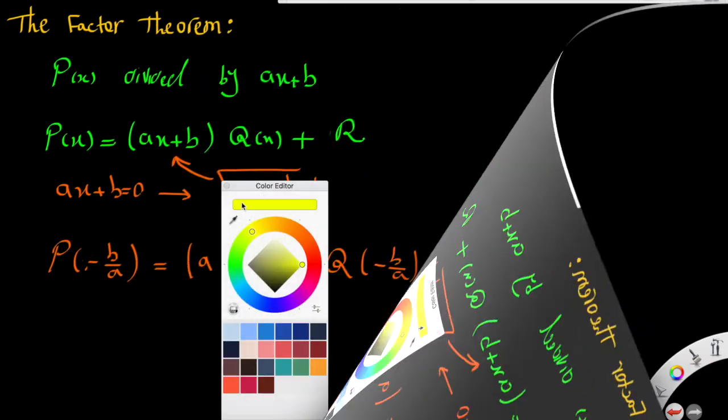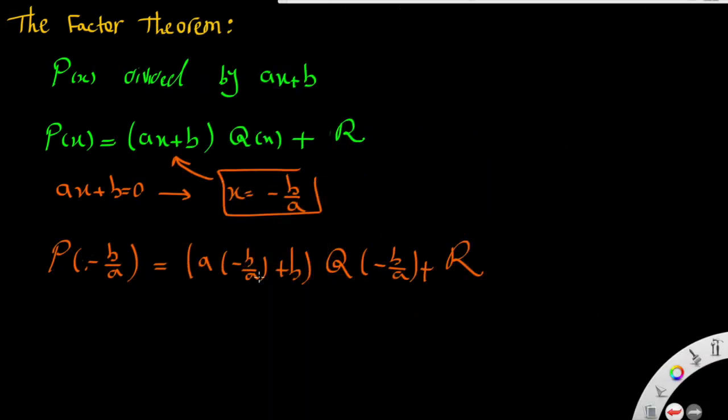Now let's see what happens here. The a's cancel out each other. Minus b plus b will be 0, so this overall times q, which is your quotient, will be 0. So p of minus b over a will be r.